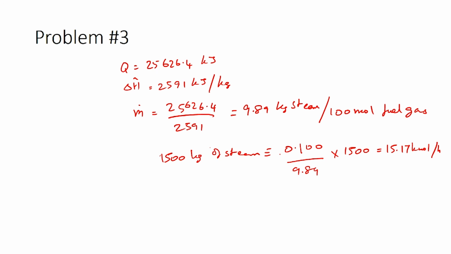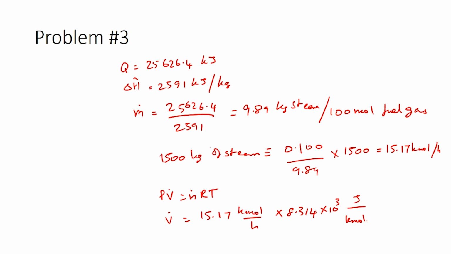We have also been asked to calculate the volumetric flow rate for this. Using P V dot equals N dot R T, we can calculate V dot, which is 15.17 kilomoles per hour times 8.314 times 10 to the power 3 joules per kilomole Kelvin times the temperature of 773 Kelvin, which is 500 degrees Celsius, divided by the pressure, which is 1 atmosphere or 1.013 times 10 to the power 5 pascals.